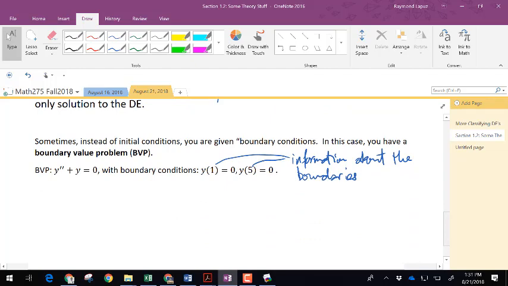So the thing about boundary value problems is that there's no existence or uniqueness theorem for this. So you might be able to find a solution, or you might not be able to find a solution. So there's no guarantee that your solution would exist.